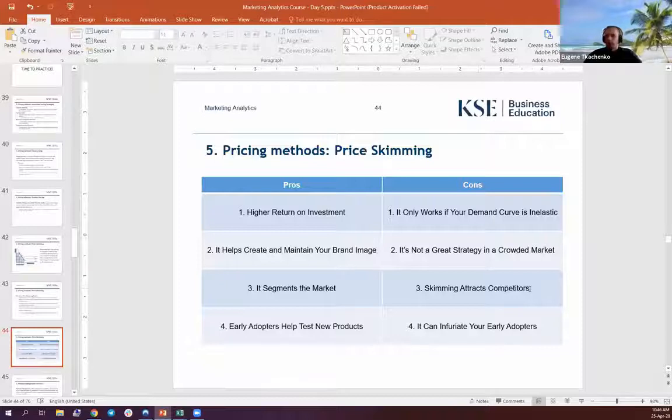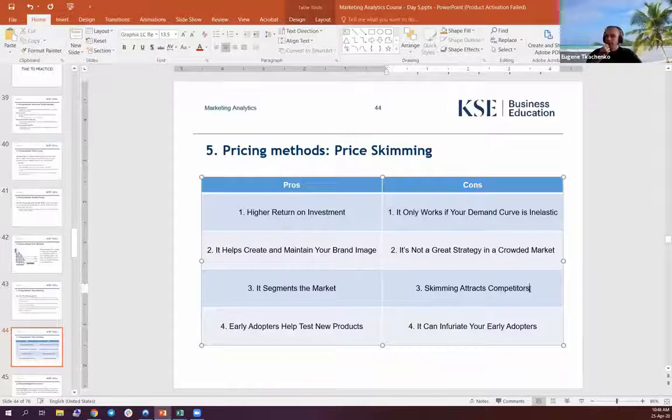Every competitor who can sell the product for a price slightly lower than your initial price, P1, may take away all your prospective future customers as well as your existing customers. And yeah, it can infuriate your early adopters, the way I just explained a few minutes ago.